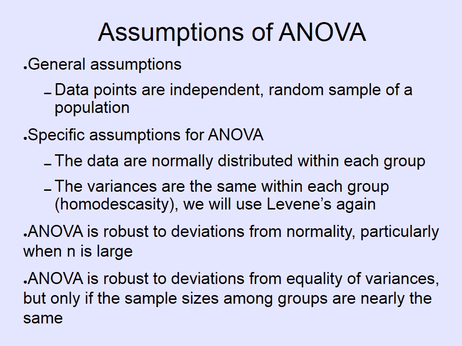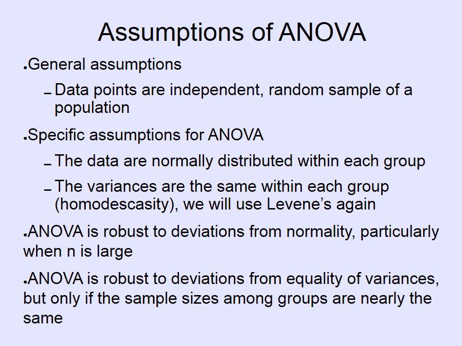Of course, there are assumptions of Anova. We have independence of observations, random sampling. That's not going away. We want normal distributions again, and we want equal variances. Now we don't call it homogeneity of variances, we call it homoscedasticity. And we can use the Levene's test again here, although it's found in a different spot.